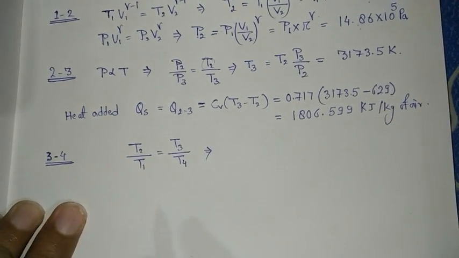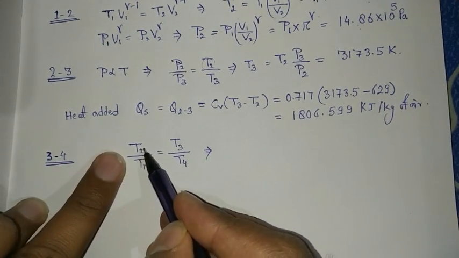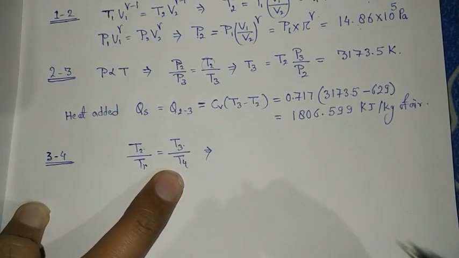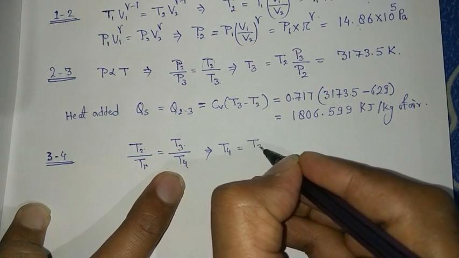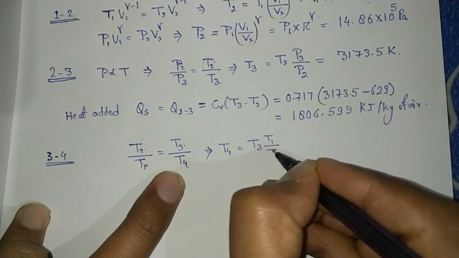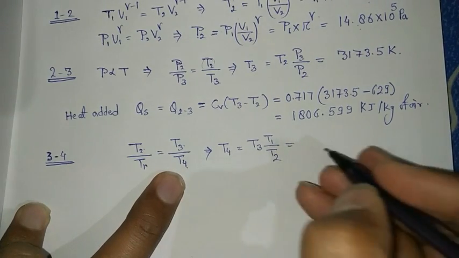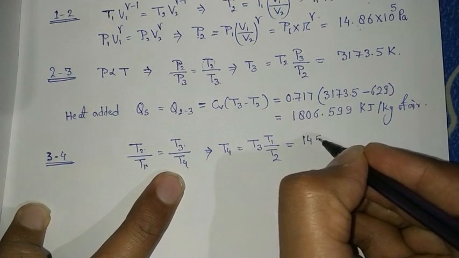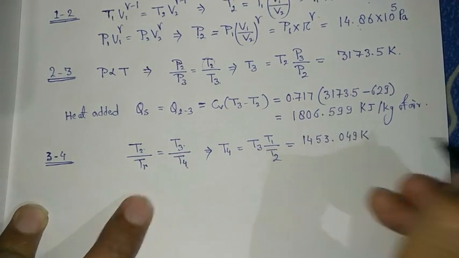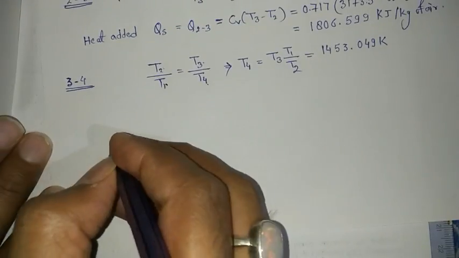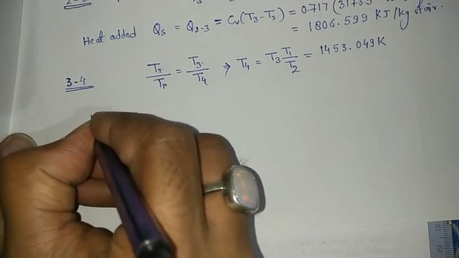So from here T1 we know, T2 we know, T3 we know, we can calculate T4. So T4 is equal to T3 T1 by T2. So T4 will come 1453.049 Kelvin.